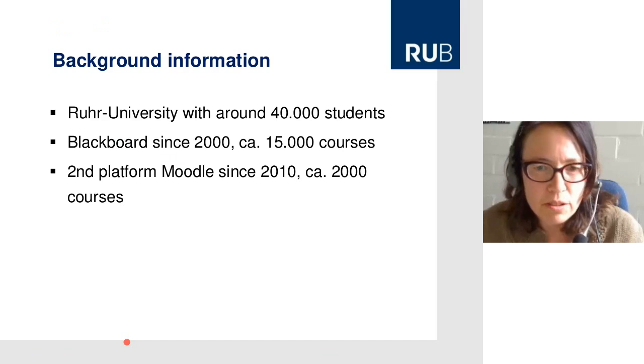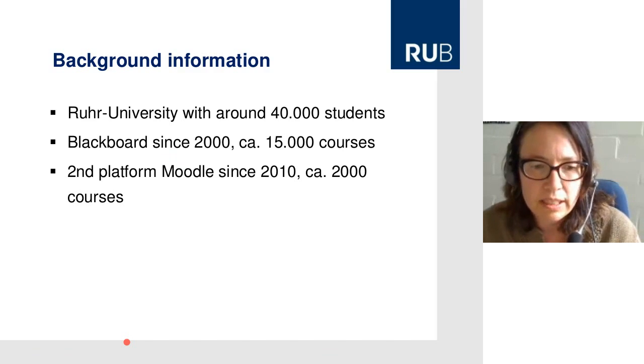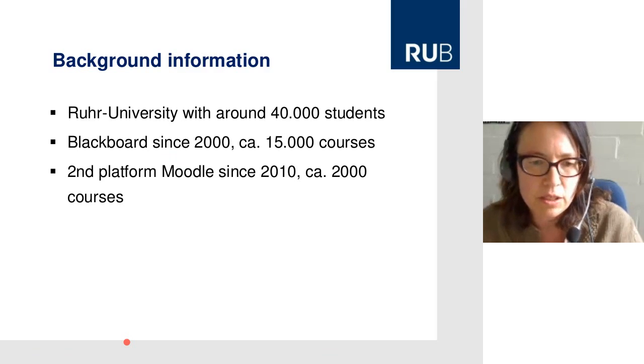The short background information, the situation where we are now. I'm at Euro University in the middle of Germany. This university has around 40,000 students, and we use at our university 2 platforms, 2 VLEs.